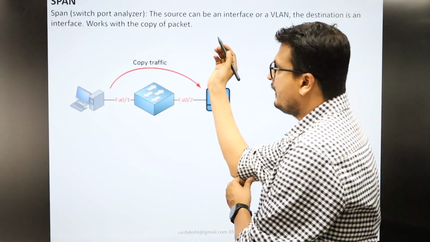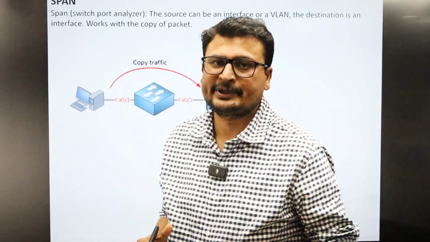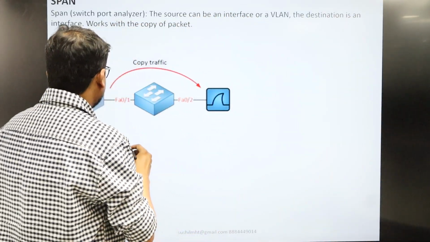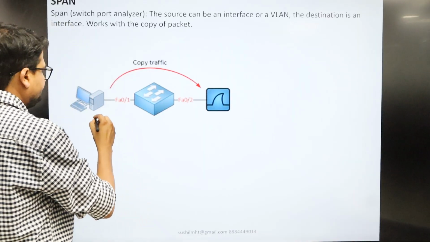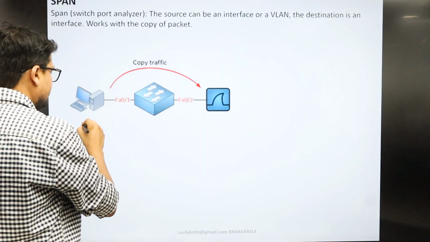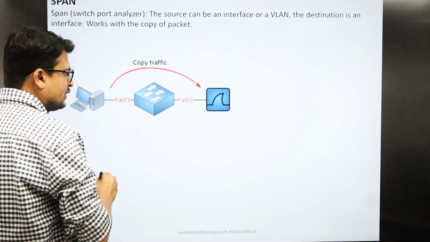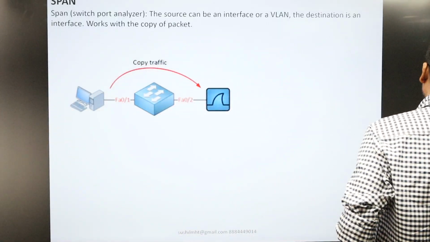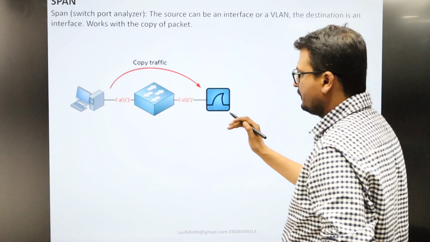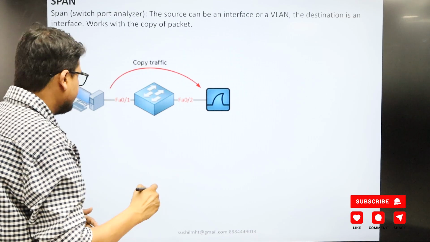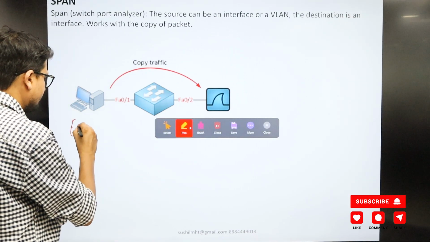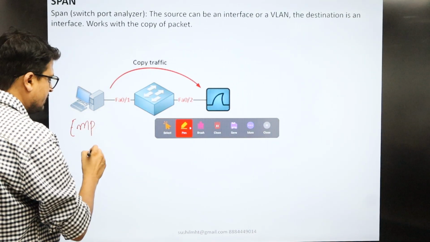Here we see how the copy of a packet actually happens. Now let's say here I have an attacker, or let's say this is a guy who is generating traffic. Let's understand that this is our employee, right?